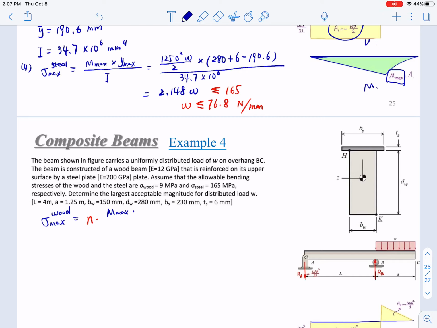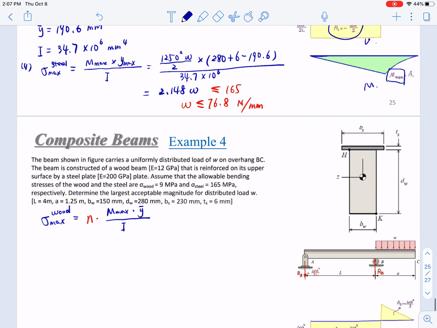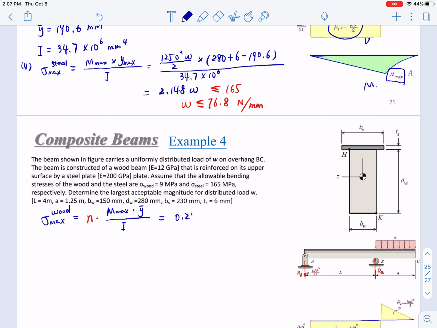This wood is on the bottom, so this is the Y bar over I. I skip the calculations. This will be 0.257 W. The allowable stress is 9, so this should be not higher than 9 MPa. So W is not larger than 35 Newton per millimeter.